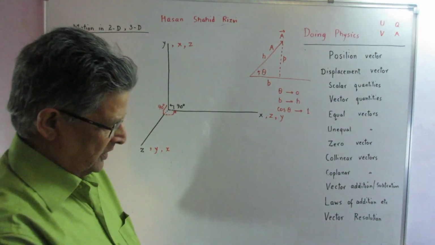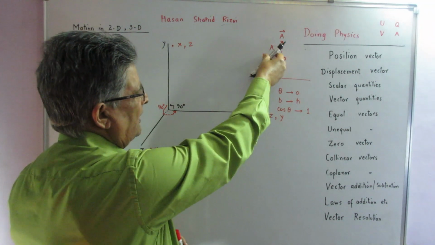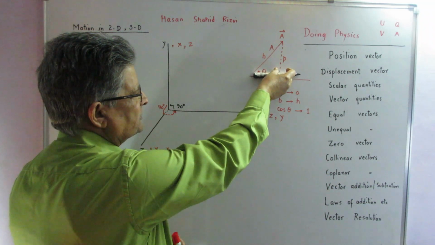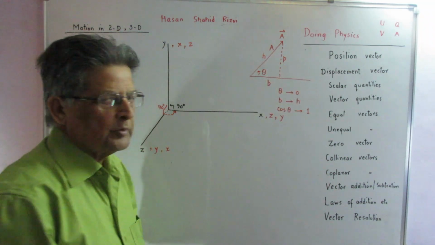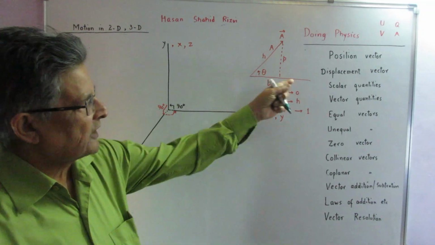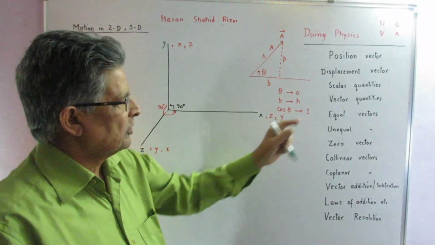If I reduce the value of theta, and this goes on reducing like this, ultimately the value of the perpendicular becomes approximately equal to 0. The sine theta for that 0 value becomes equal to 0, but the cos theta becomes equal to 1.